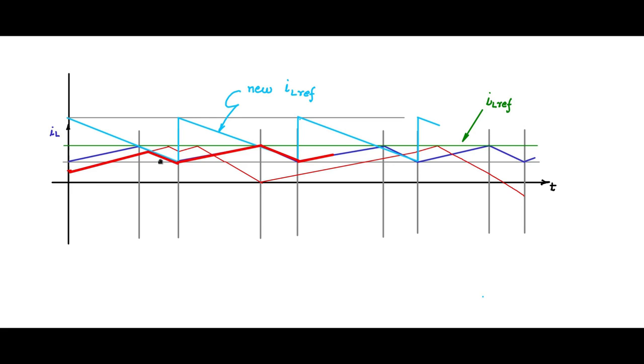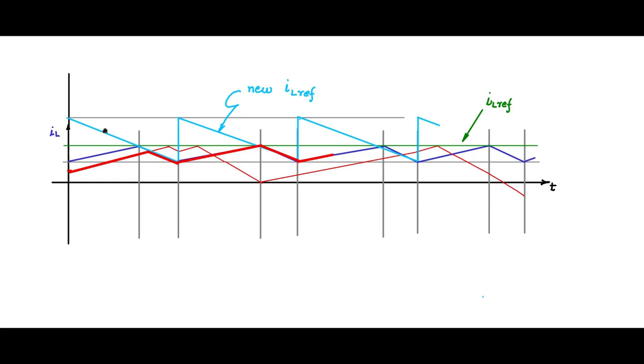So any error quickly converges and is removed within a switching cycle. This is the beauty of having this type of sloped, sawtooth shaped ILREF. You should give the slope here for the ILREF same as the falling slope of the inductor current. Then you are safe and the error will be removed within a cycle.